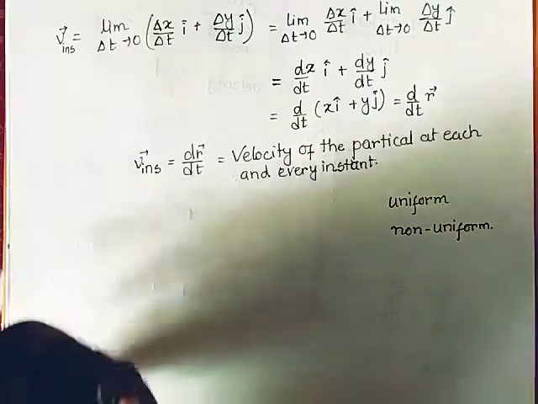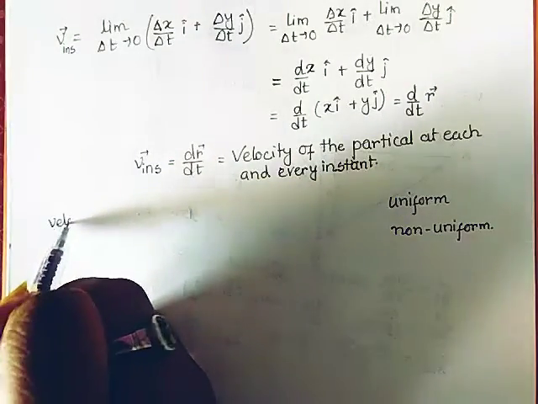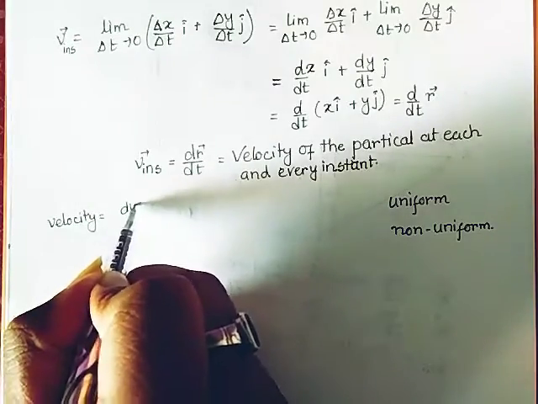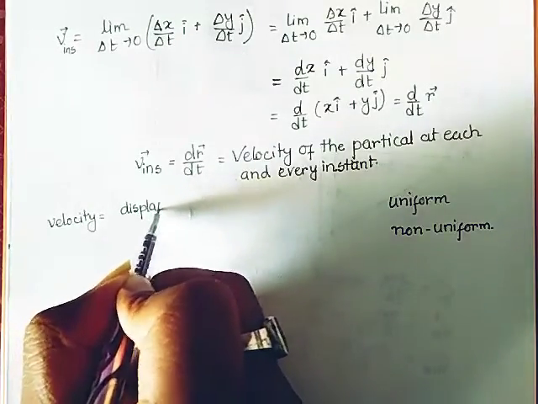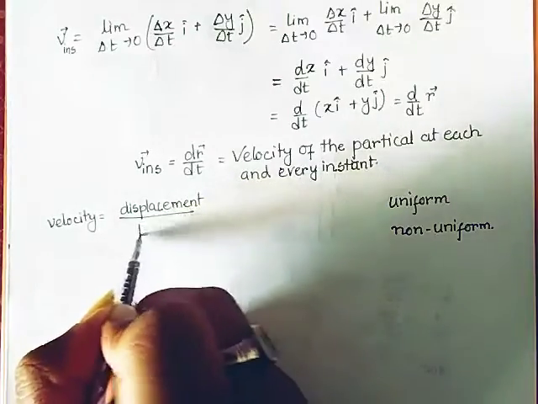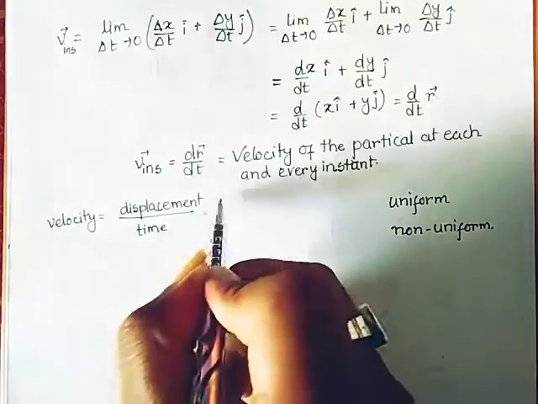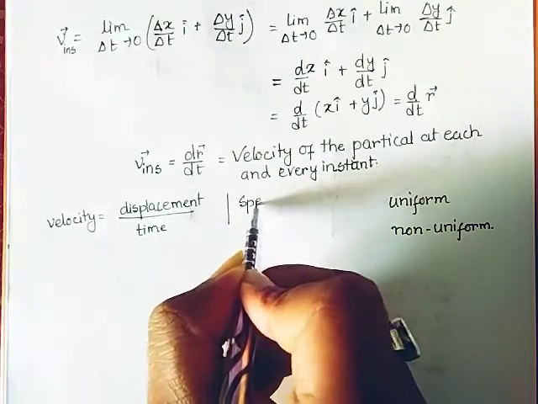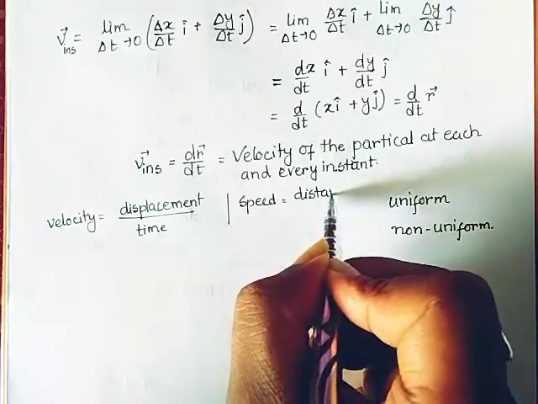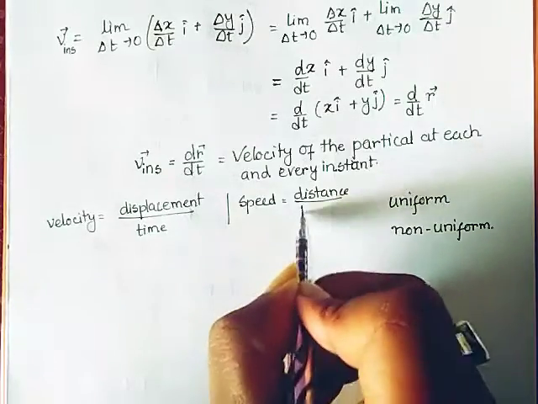Basically the velocity is defined as displacement divided by time, and the speed is defined as distance divided by time.